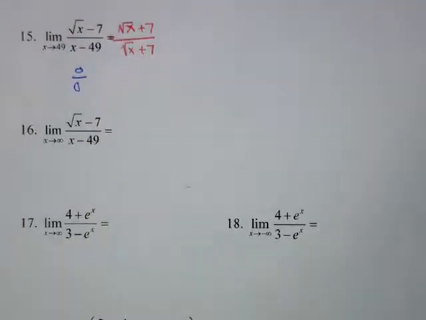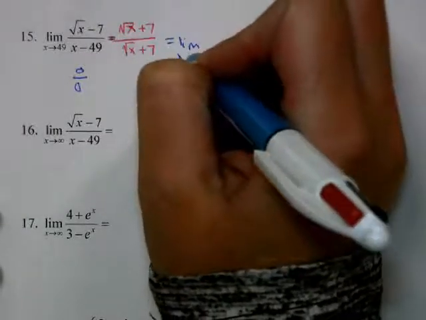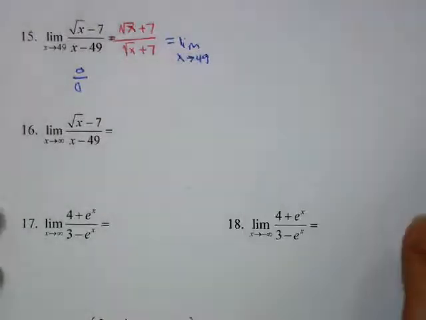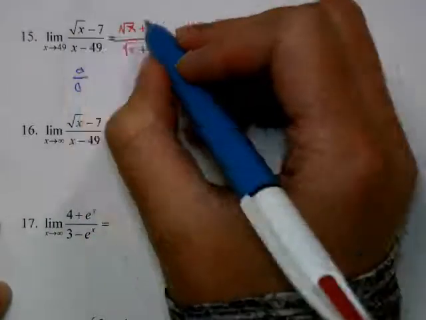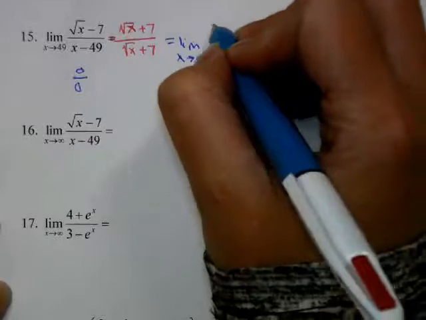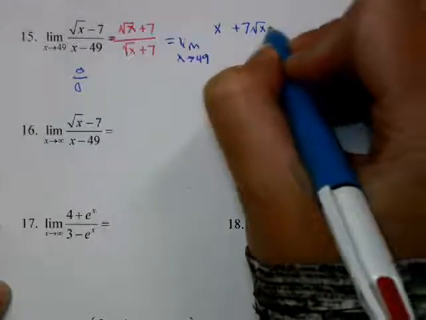When we do that on the top and FOIL, so I'm going to keep the word limit here for a little bit. So the limit as x goes to 49. If I FOIL, so the square root of x times the square root of x is x. Then we'll have plus 7 root x minus 7 root x.